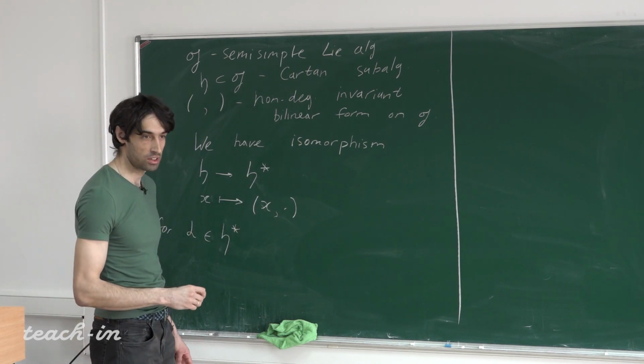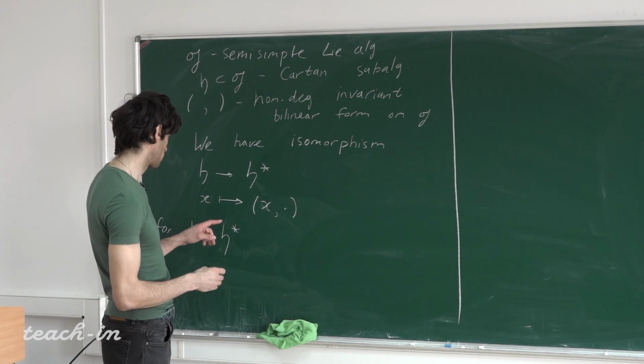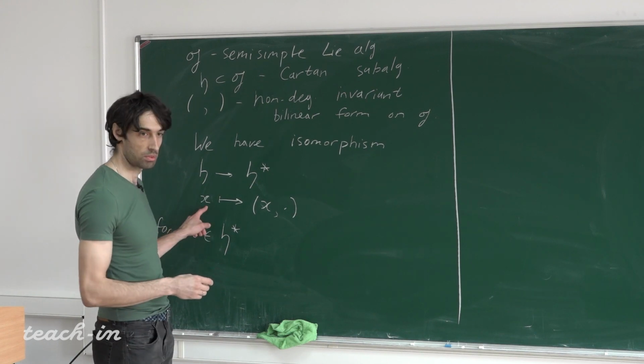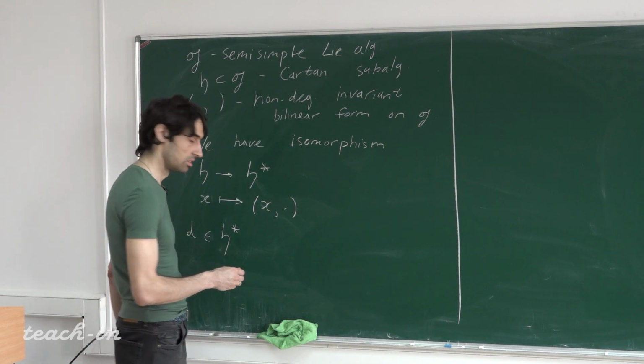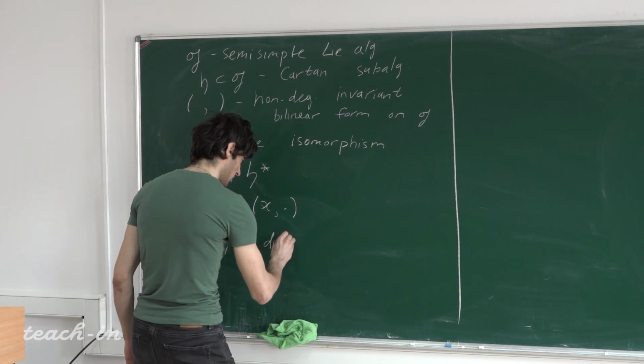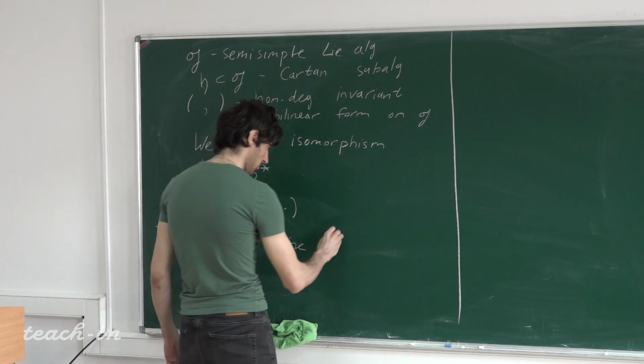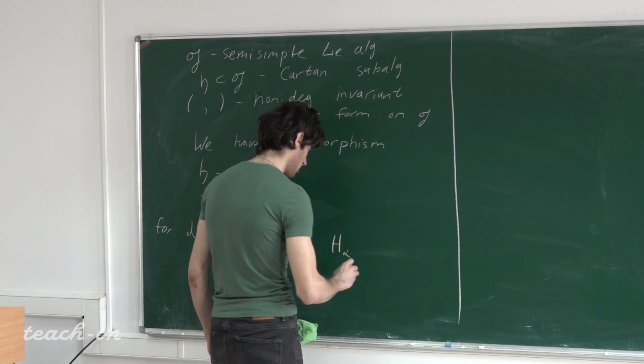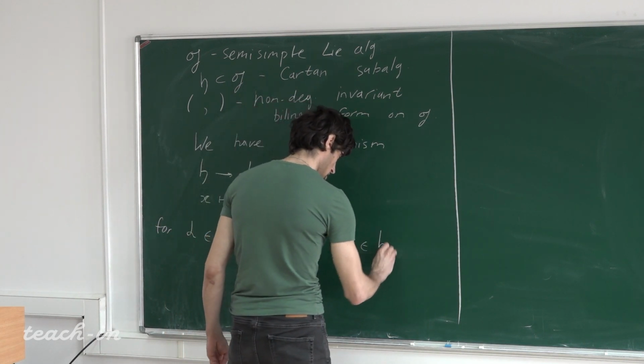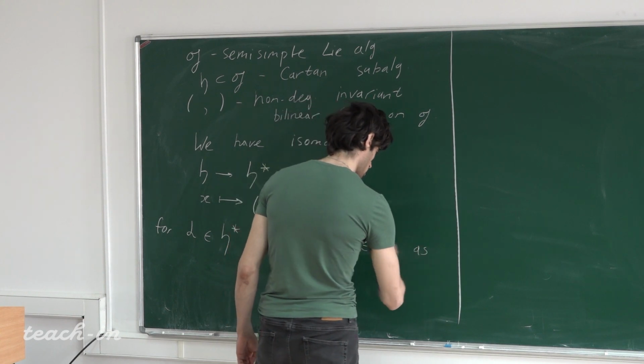I would like to define its corresponding preimage under this isomorphism. Define H capital alpha from H as follows.